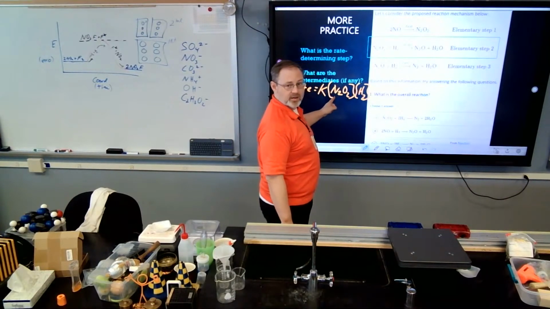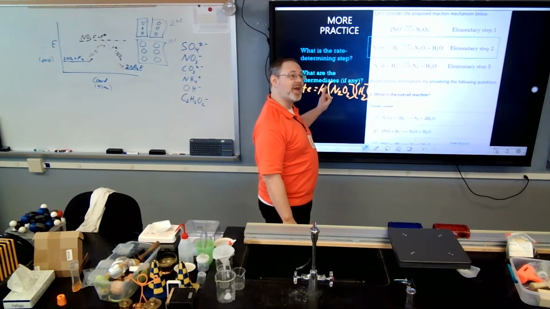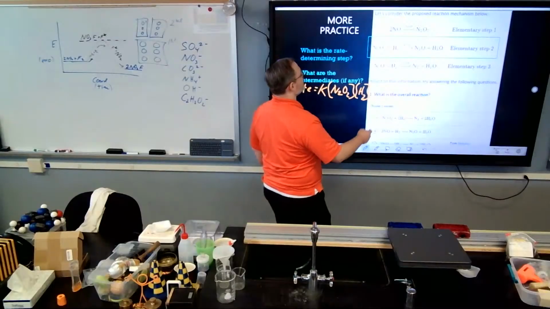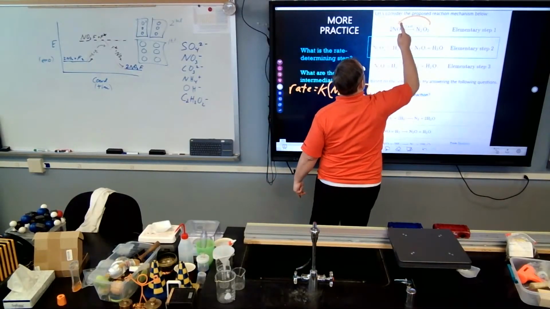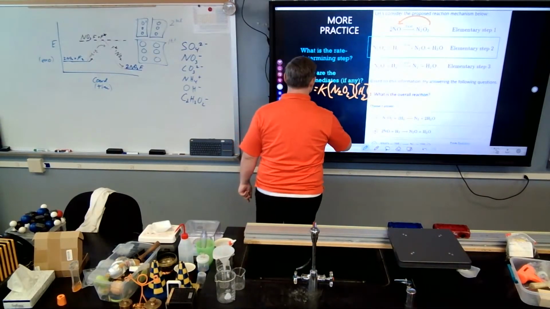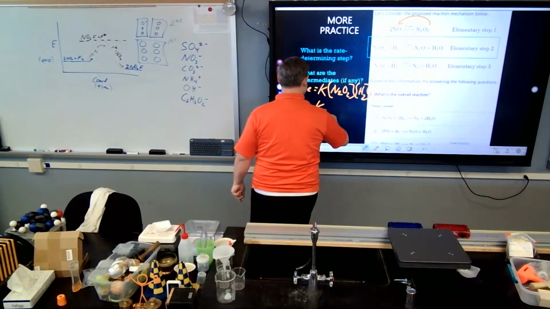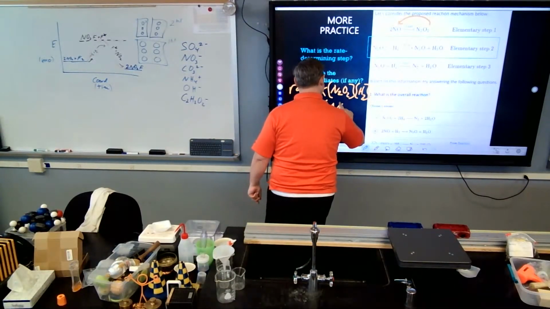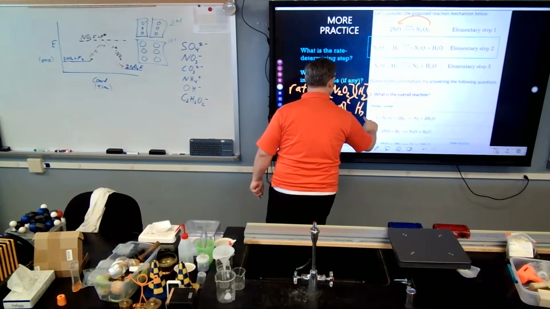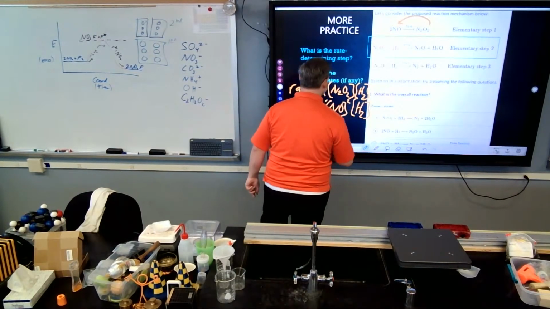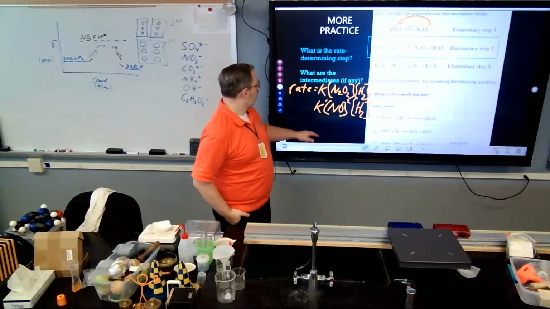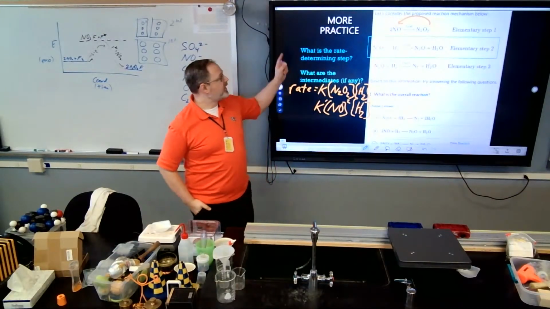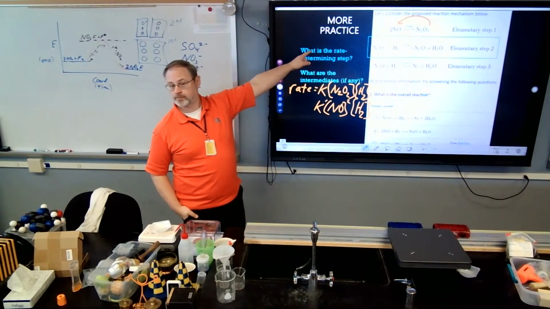So this cannot exist. But what can exist is the thing that makes it up. So you replace this and you say k prime, and I'll get to the prime in a second, [NO] second order, and then we bring the H2 down. So we replace the N2O2 with NO second order, because that's what makes it up.